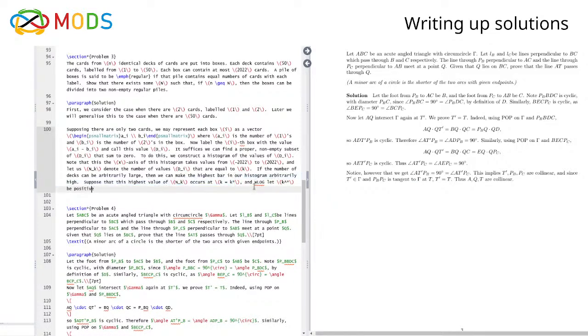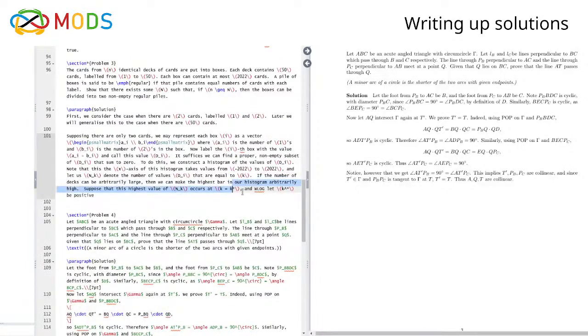Okay. Yeah. How do you decrease size? Size and state.